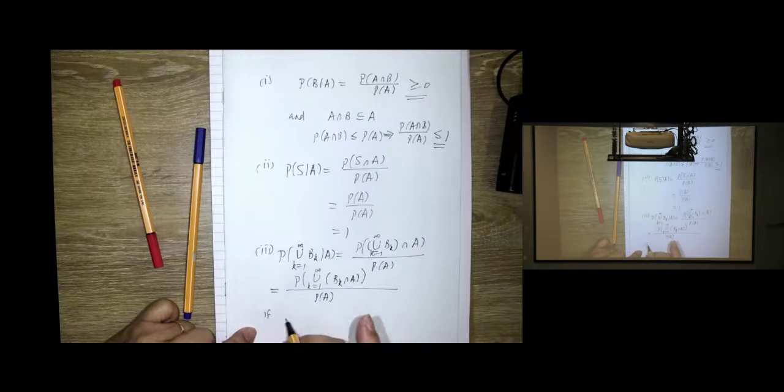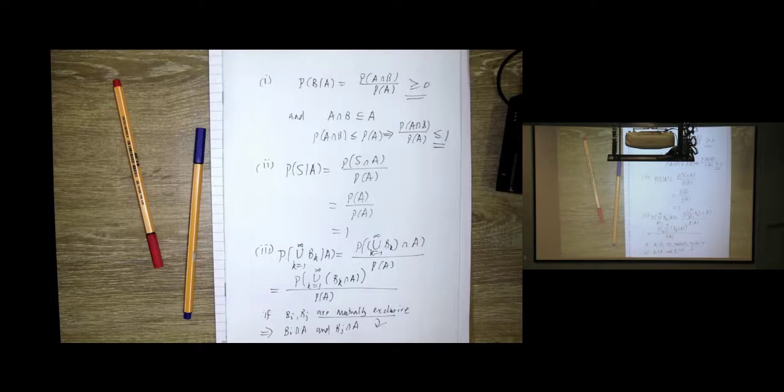Okay, now if Bi, Bj are mutually exclusive, meaning that Bi, Bj have no overlap, of course this will imply Bi intersect A and Bj intersect A are also mutually exclusive.